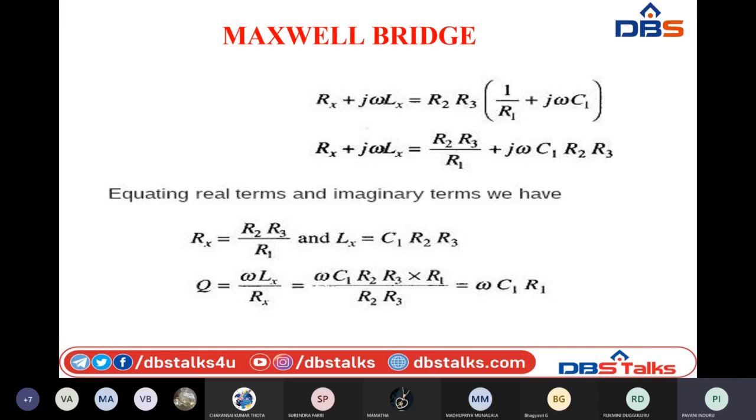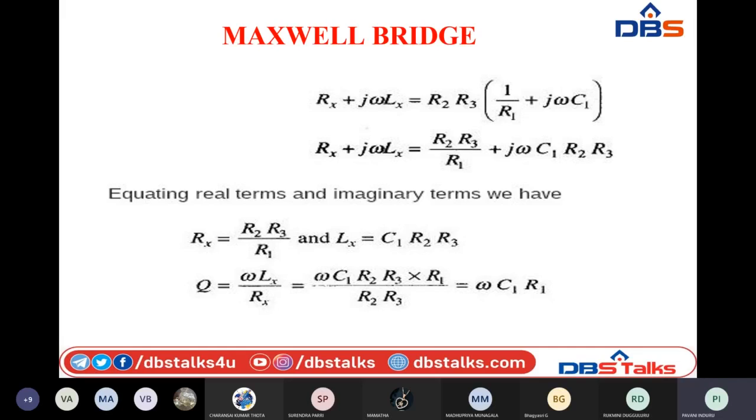Y1 we have taken at the last. So Z2, Z3 are nothing but R2, R3, and Y1 is nothing but 1 by R1 plus J omega C1. Let us simplify this expression by multiplying R2, R3 with the remaining terms present on the right hand side. So R2, R3 by R1 plus J omega C1 R2, R3.